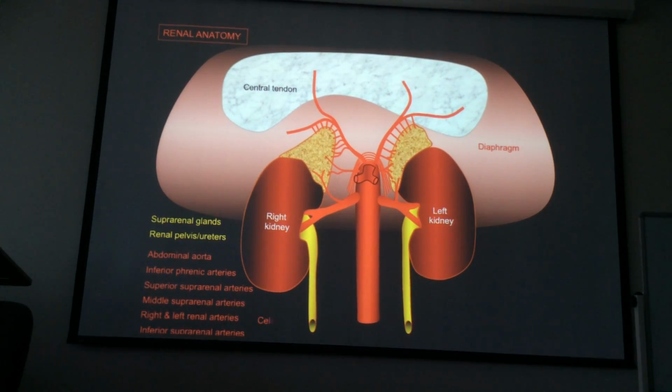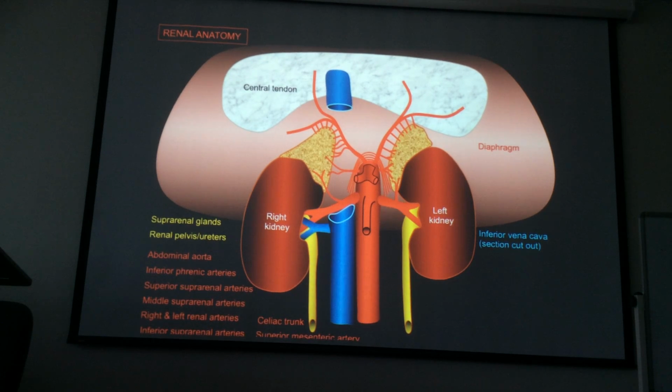And then we have the celiac trunk, superior mesenteric, inferior mesenteric, and this is the inferior vena cava. Why is that? Right renal vein is always small, left renal vein crosses the aorta under the superior mesenteric.